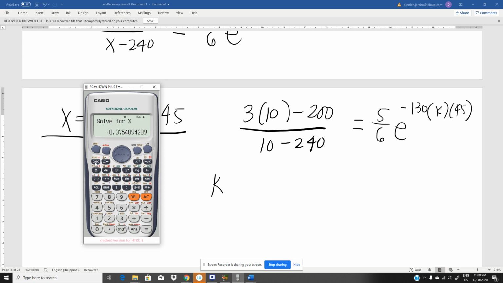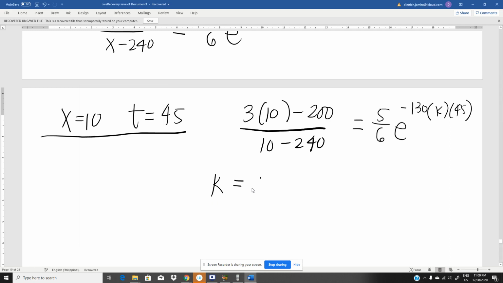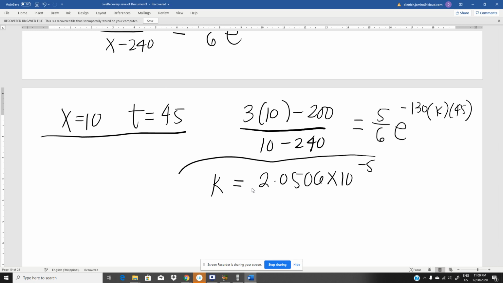Solving, we will have 2.0506 times 10 raised to negative 5. So that's the value of k.